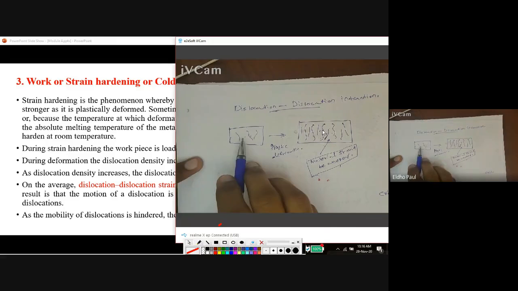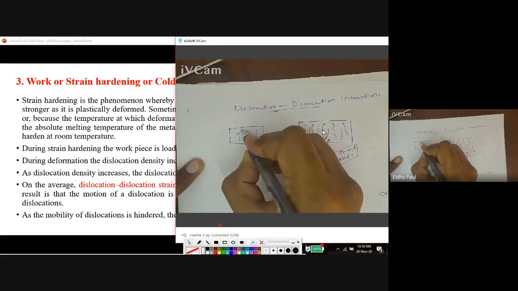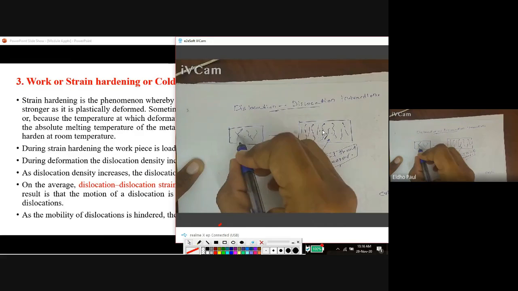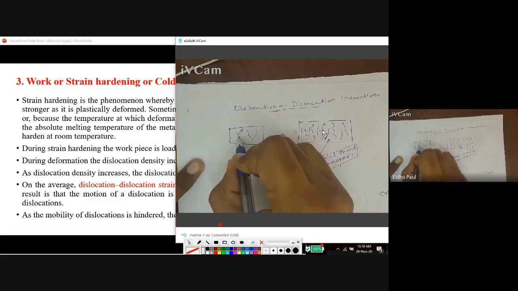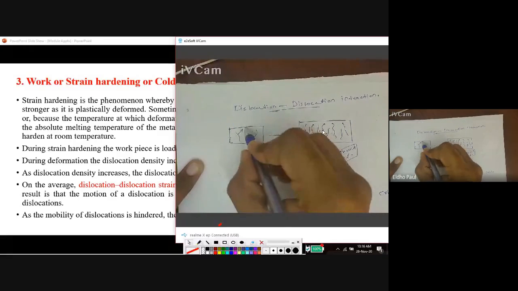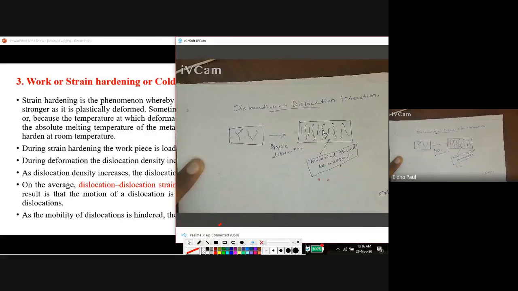But this is not the case everywhere. For example, when this dislocation moves in this direction, there may not be any dislocation to offer a resistance to it. So it can move from this point to this point easily, because the dislocation density is very small here.